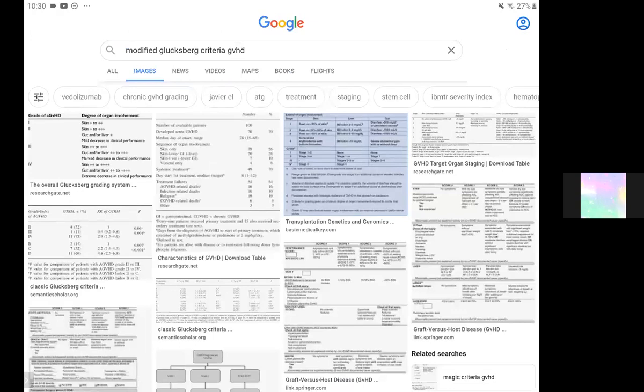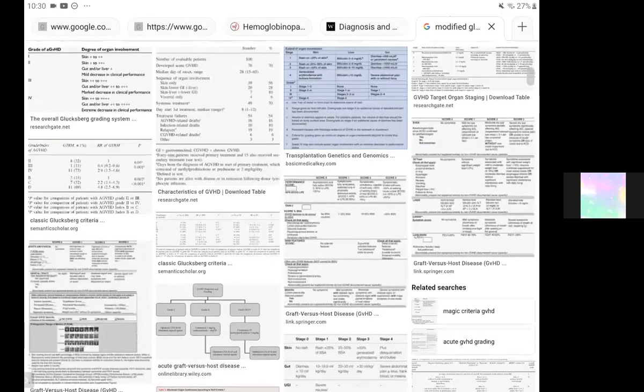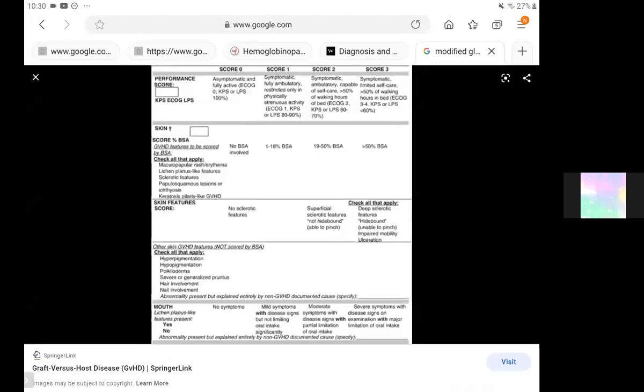There was some difference between the previous... there's actually this EBMT document that I was trying to open up.